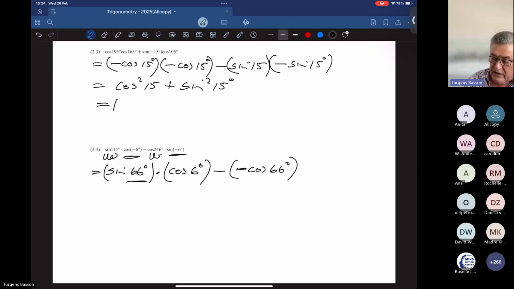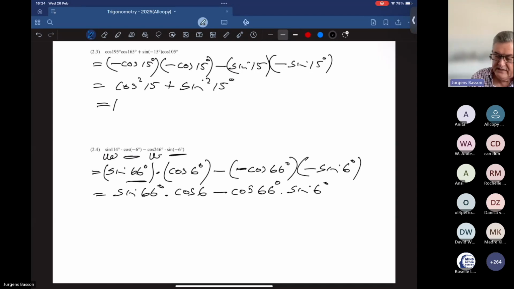And now we multiply it with a sine of minus 6, which becomes negative sine 6, and we get minus the sine of 6 degrees. So let's just rewrite this quickly. It's the sine of 66 times the cos of 6. There are 3 negatives here, which will leave you with a negative, the cos of 66 times the sine of 6.